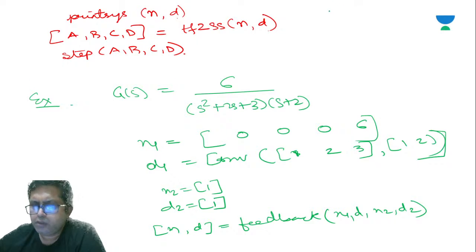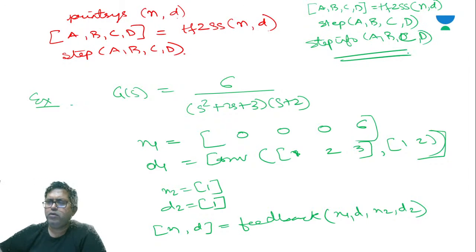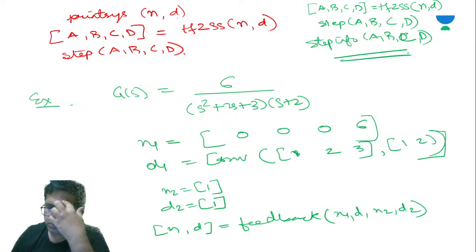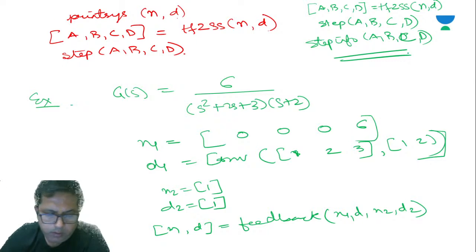The other step is A comma B comma C comma D is equal to transfer function to steady state N comma D. Then step A comma B comma C comma D. Then step info of A comma B comma C comma D. Okay, so pretty much clear. Okay, fine. Thank you.